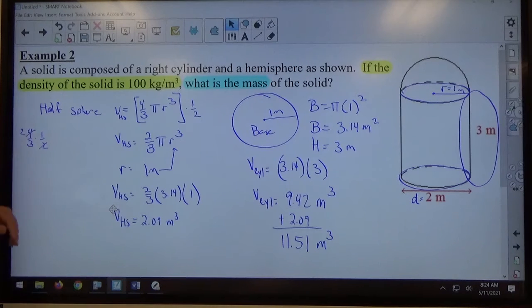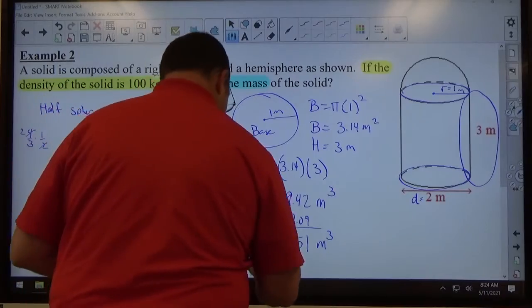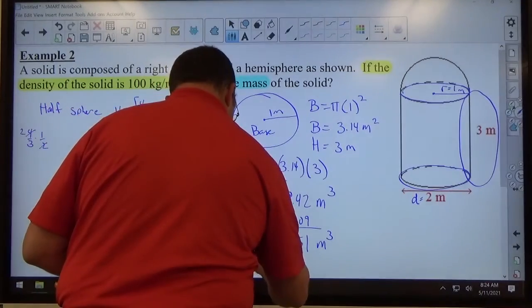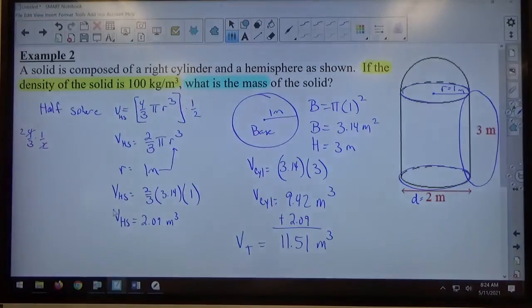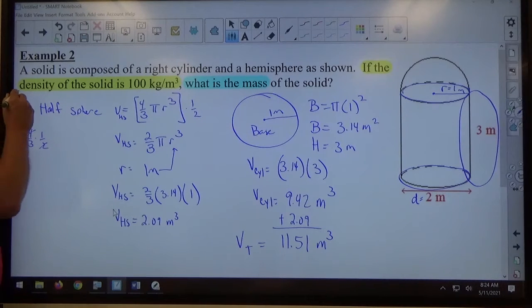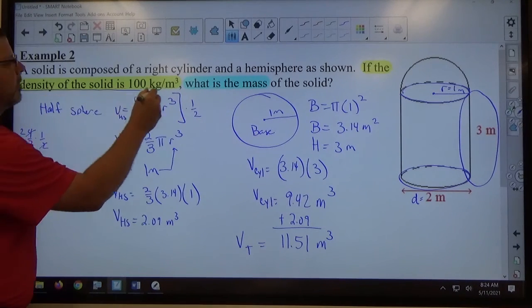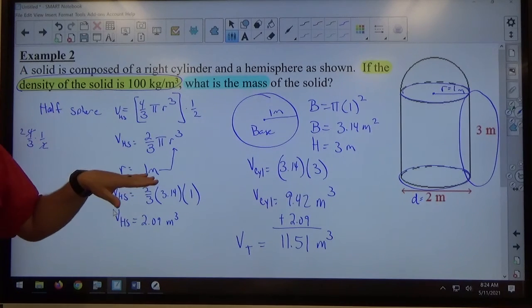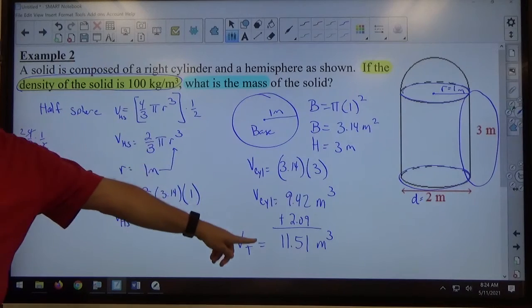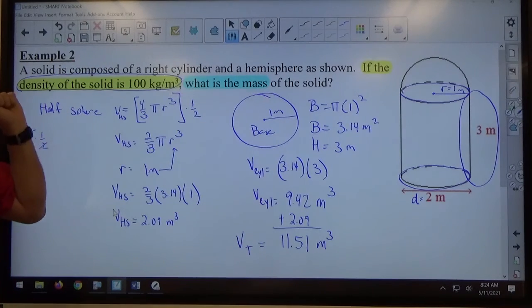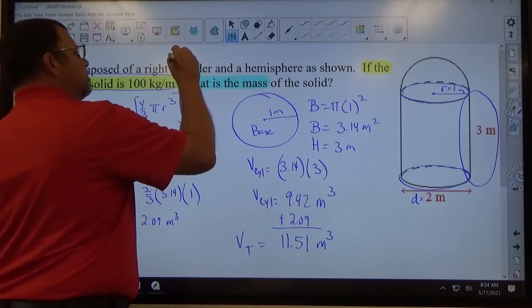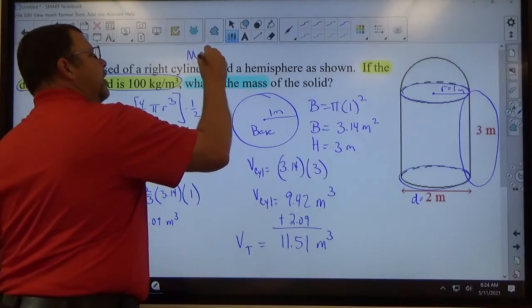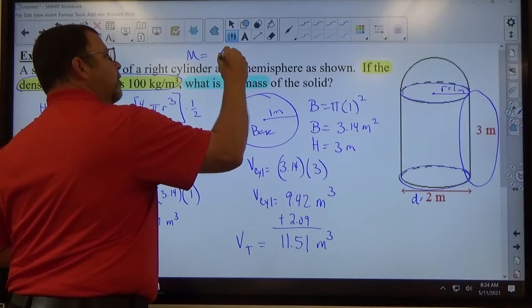Once I've found the total volume, let's put V sub T for total volume, if I want to know the mass of the solid, I simply take the density. All you have to do to find the mass of anything, if you know its density, is take its volume times its density. Again, this is a science formula: mass equals density times volume.